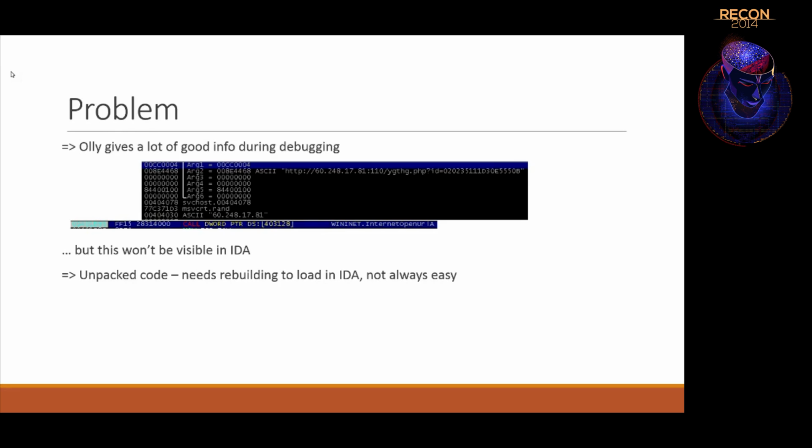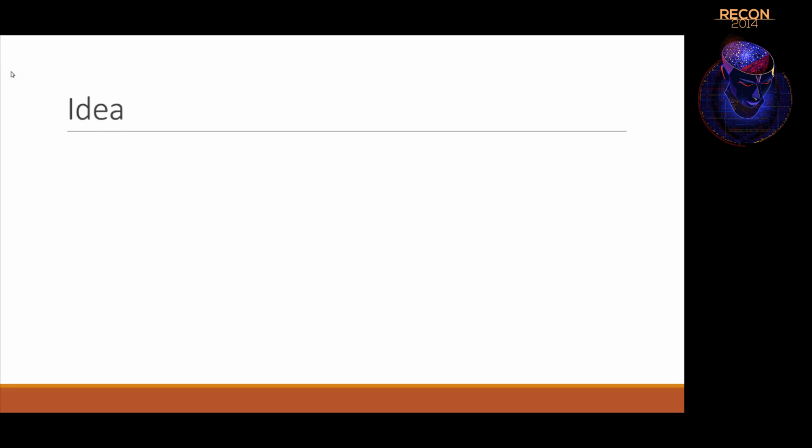Sometimes you need to rebuild the PE header, but that's the simplest part, because sometimes there are import address tables that are obfuscated and so on. So again, it requires time. And in short, the problem is that there is no automatic connection between these two tools.